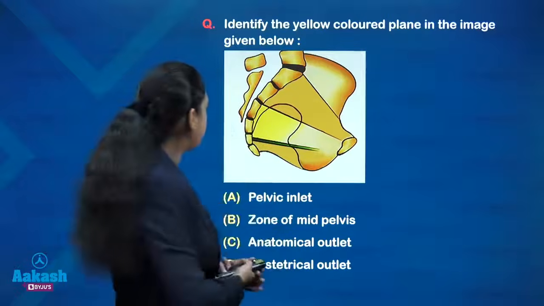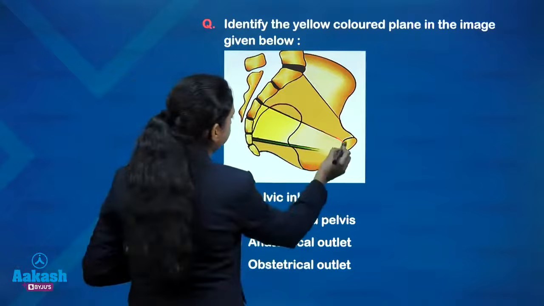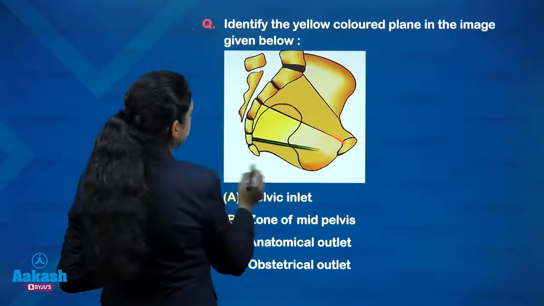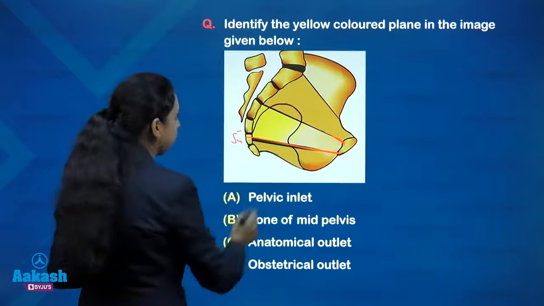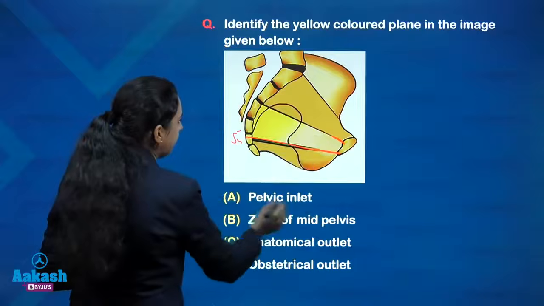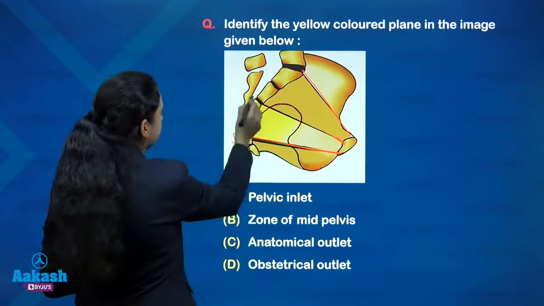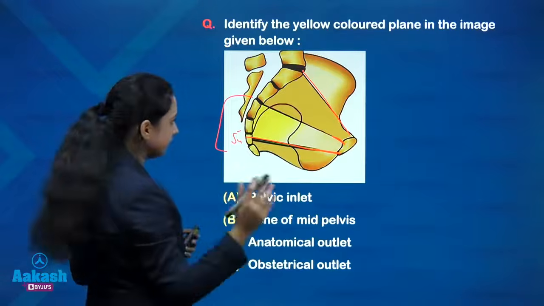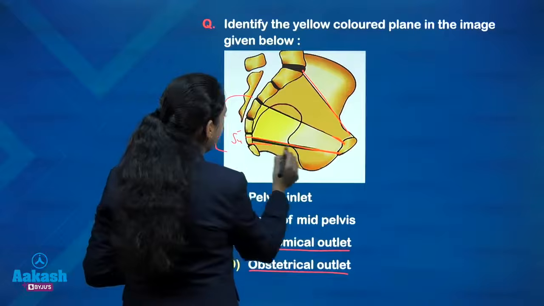Now let's see the question. The yellow area is from the mid of the symphysis pubis to S2, S3, and this green area is from here to S4, S5. So what area is this yellow one? Pelvic inlet? No, the pelvic inlet is this one. Zone of mid pelvis? Yes, it is the zone of mid pelvis. Anatomical outlet and obstetric outlet are from the coccyx to S5.